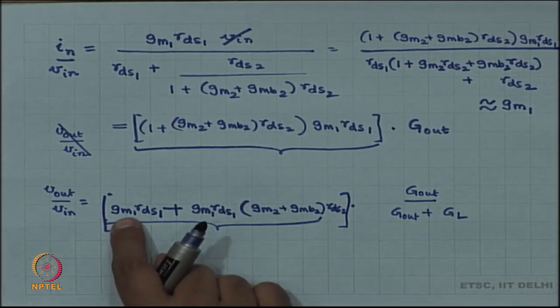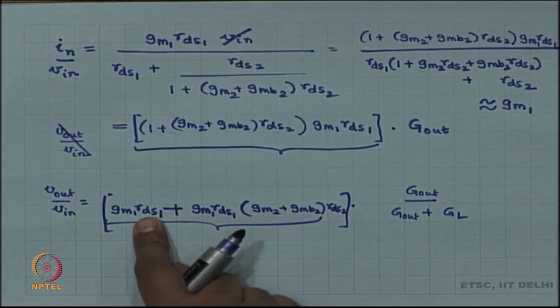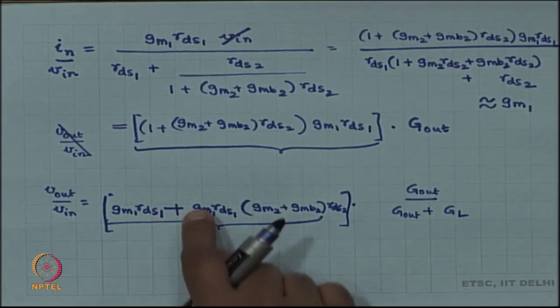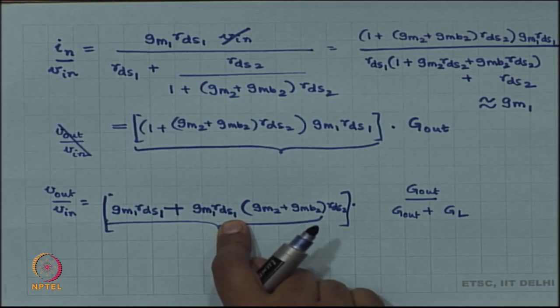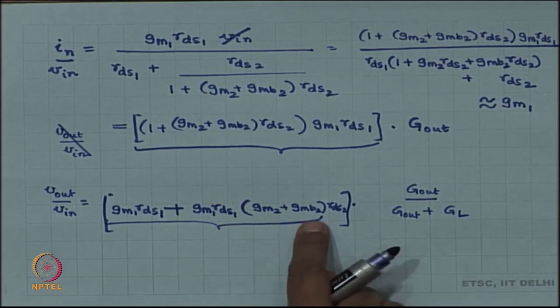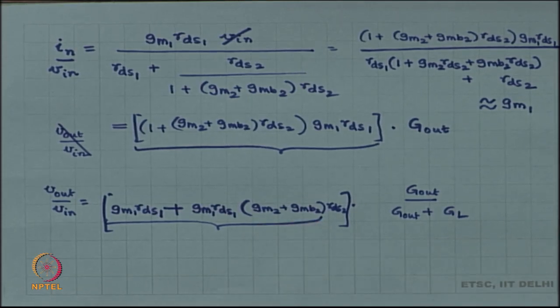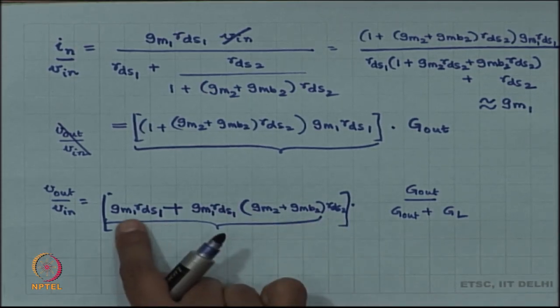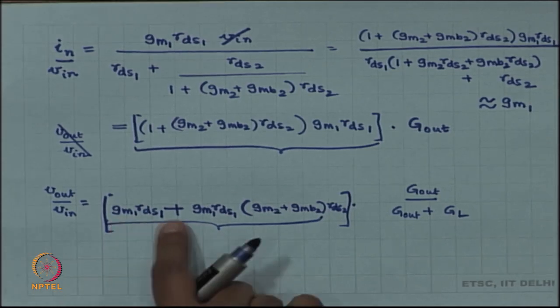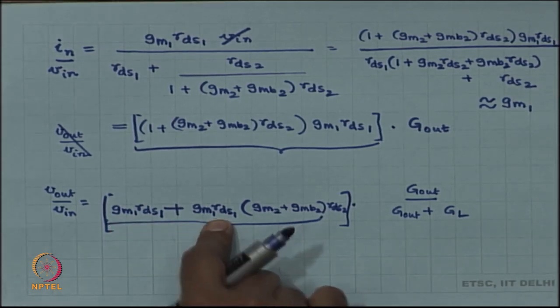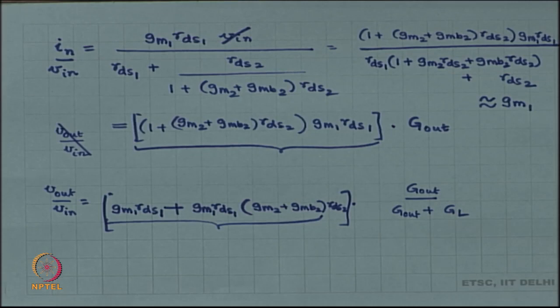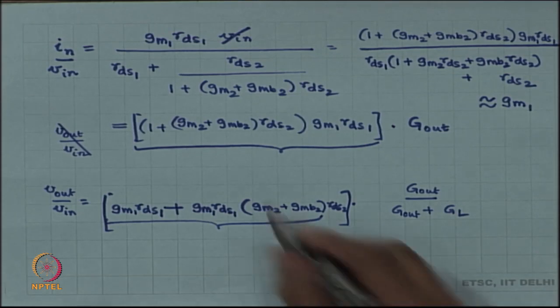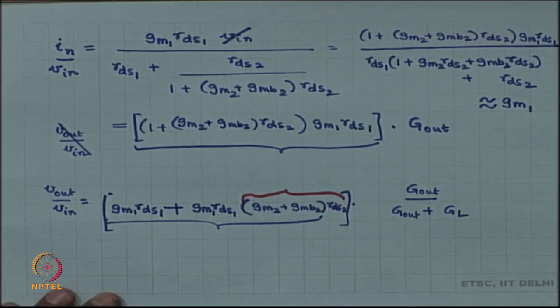Okay. So, it is the intrinsic gain of transistor 1 plus the intrinsic gain of transistor 1 times the intrinsic gain of transistor 2.